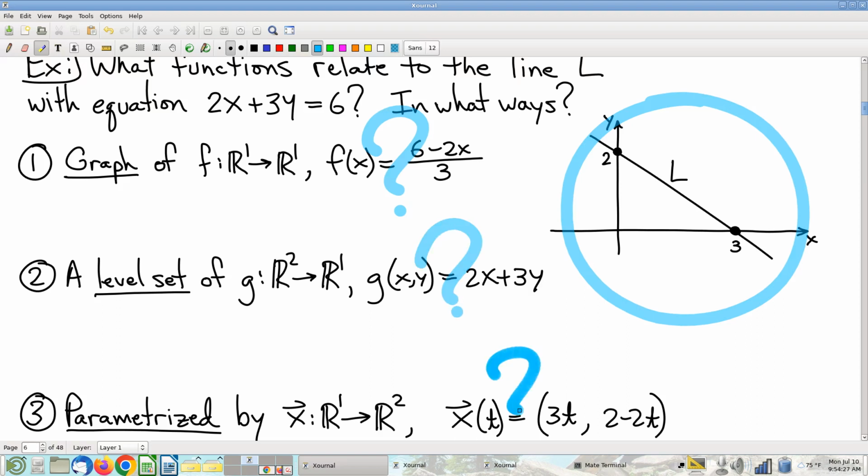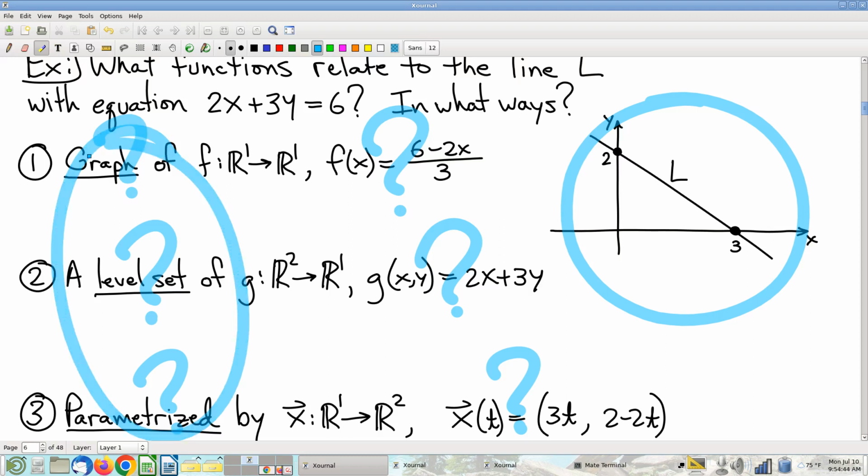The way you decide which function is to be clear in your mind. Do I want to interpret this as a graph? Do I want to interpret the curve as a level set? Do I want to interpret the curve as a parameterized curve? Which of the calculuses do I want to be able to take advantage of? That'll tell you which kind of construction you have to interpret it as, and that'll help you understand which of these functions is the right function to be doing calculus with.